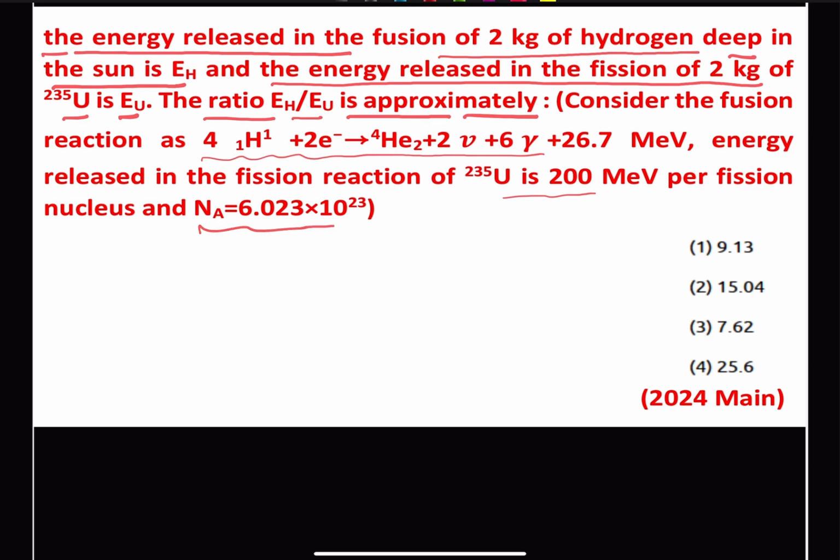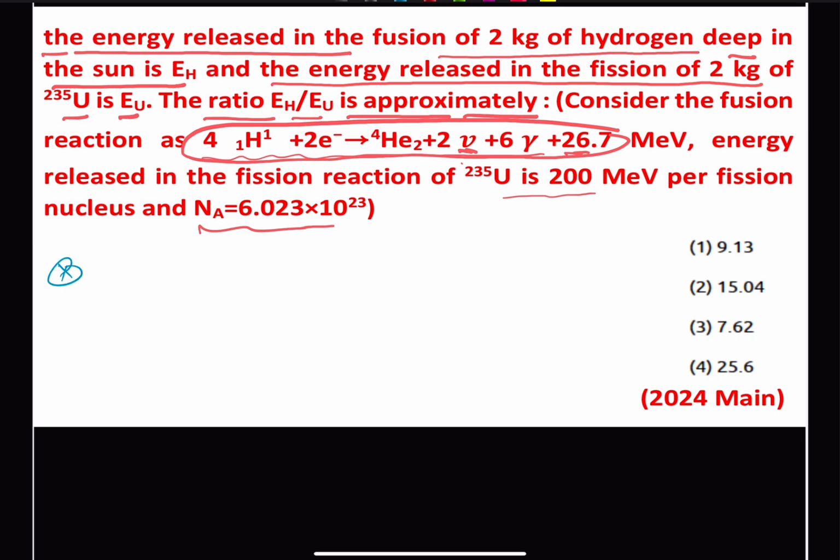So first of all, from the given reaction, we can understand that there will be 4 hydrogen and 2 electrons, and it will give a product of helium, 2 neutrinos and 6 gamma, and energy will be released.